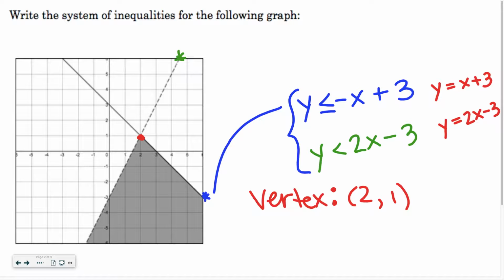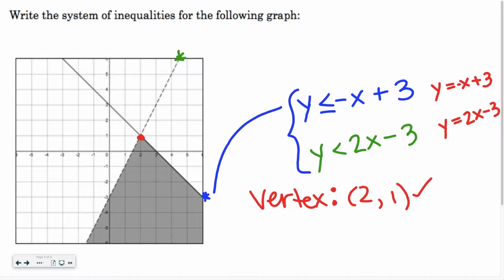if the coordinate's 2, 1, does 1 equal 2 plus 3? I said that extremely backwards. This is negative x, that's why. Whew. Okay. Does 1 equal negative 2 plus 3? That works. Does 1 equal 2 times 2 minus 3? Okay.